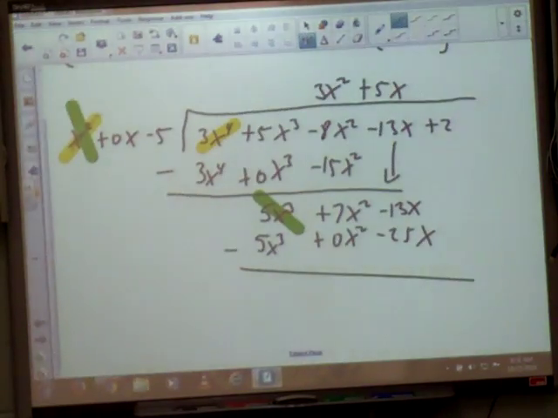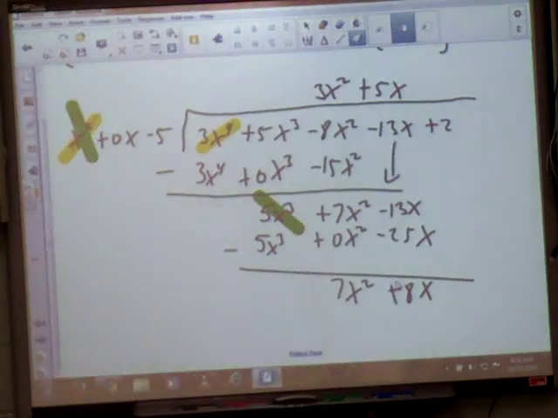Subtract. Nothing. 7 minus 0, 7x squared. Negative 13 minus negative 25. Is that 8? I think it's 12. Woo! It's only 4 off. Thank y'all. That would have been bad.